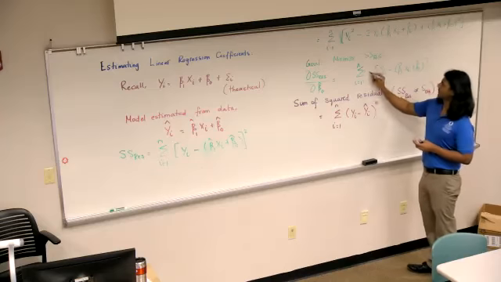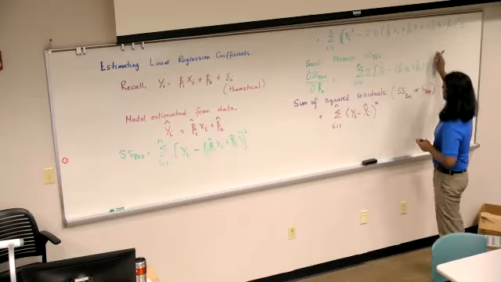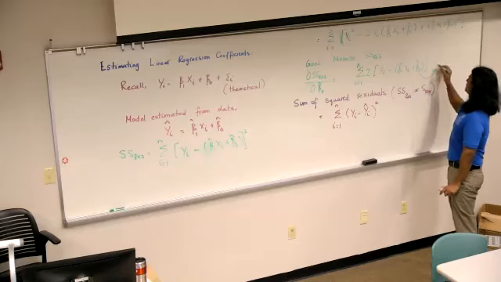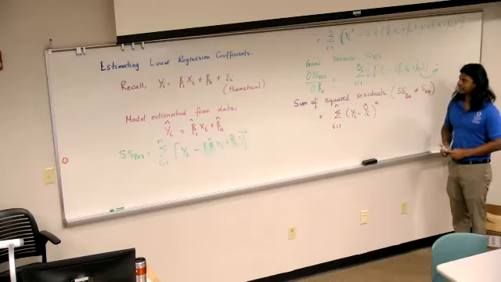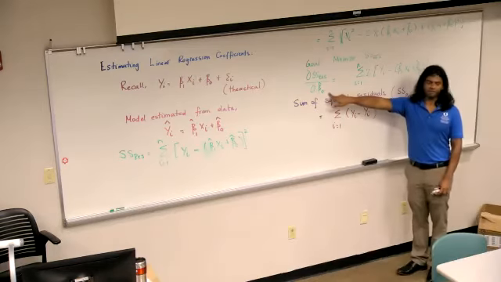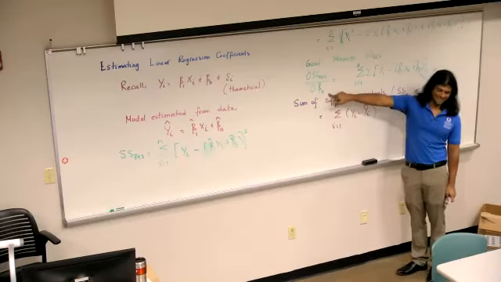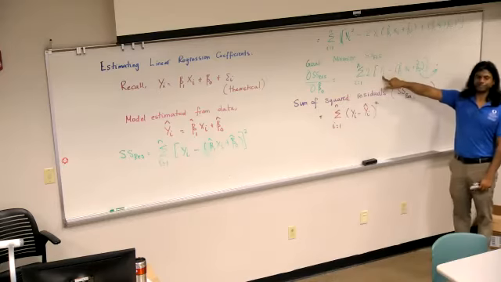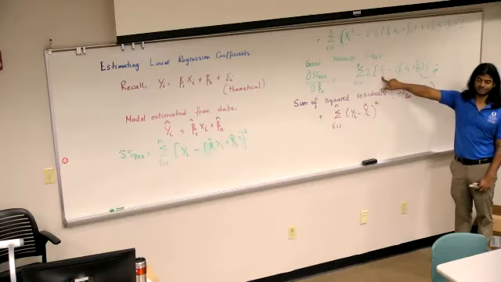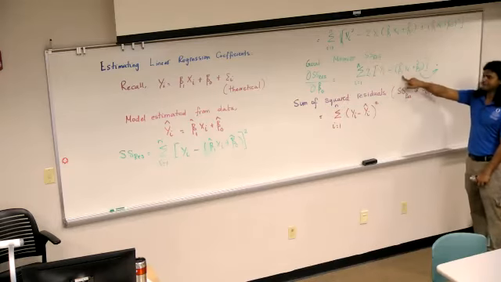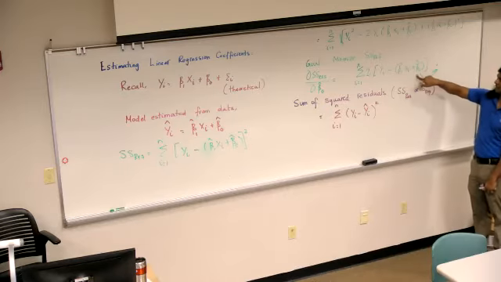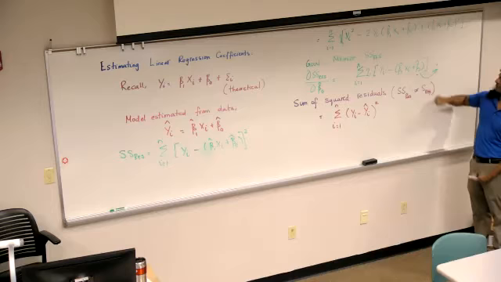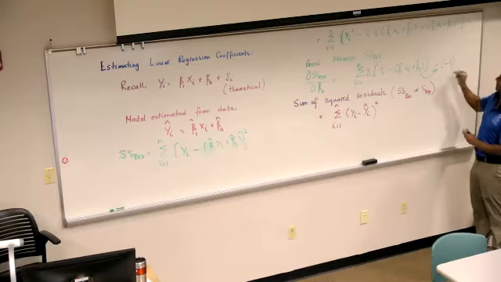So 2 would come to the front and 2 minus 1, multiplied by the derivative of the inside. We are taking the derivative with respect to beta naught hat. So what is the derivative of yi? 0. Derivative of negative beta 1 hat xi? 0. Negative beta naught hat, and minus.